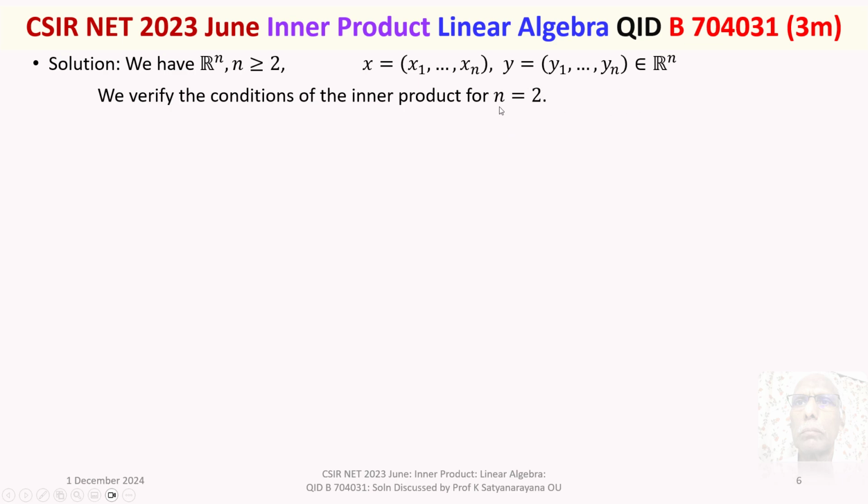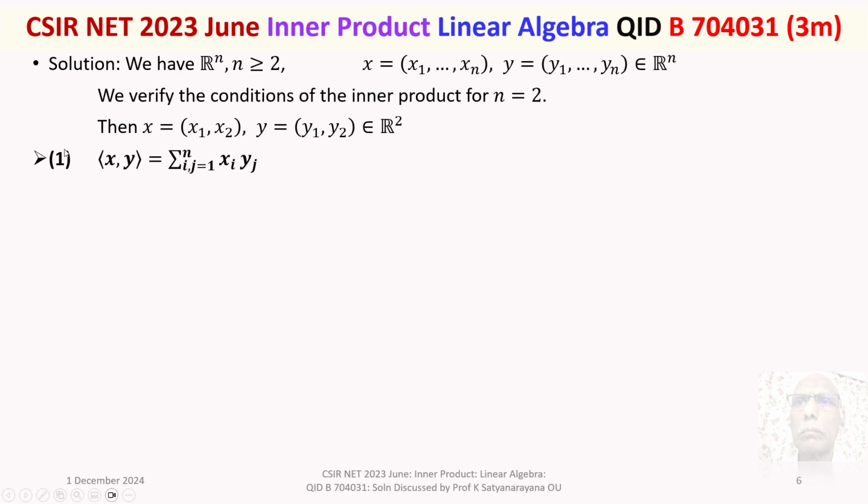Because it will be convenient for us, and it will be tedious to write down the n-tuples, and the discussion will be lengthier. Now x will be the ordered pair (x1, x2) and y the ordered pair (y1, y2) belonging to R^2. Let's take the first option.